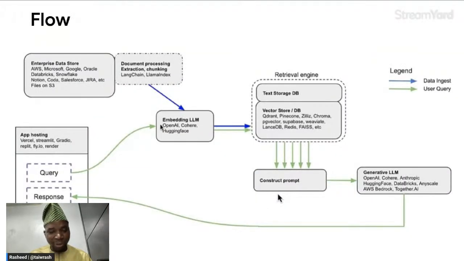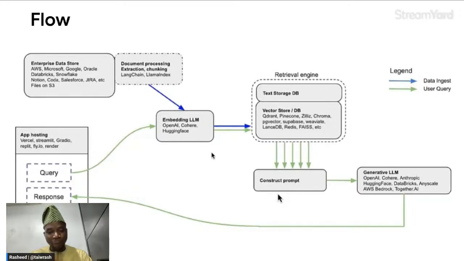I mentioned the other time that we will embed our documents and also embed the user query. So the embedding model that we are using here is a very crucial thing to take note of if you want a well-performing RAG system. So choose the right embedding models.